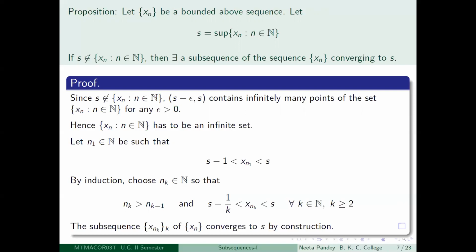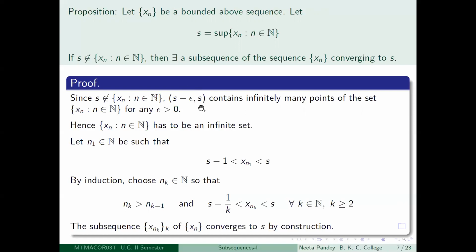So just take epsilon equal to 1, 1/2, 1/3, 1/4, and so on. There will be a term of the sequence in the open interval s minus 1 to s. There will be a term of the sequence in s minus 1/2 to s, which may get repeated, and so on. But since that is a term which is not equal to s, there will be some stage at which that particular term will be left out.